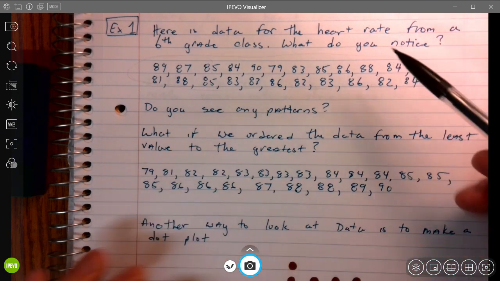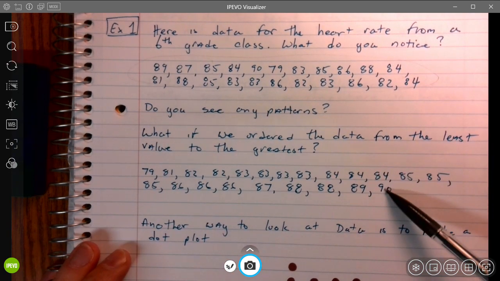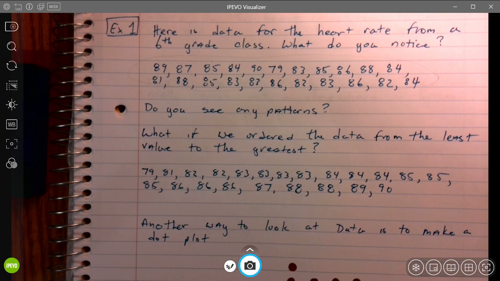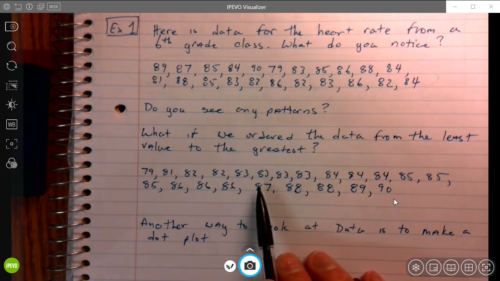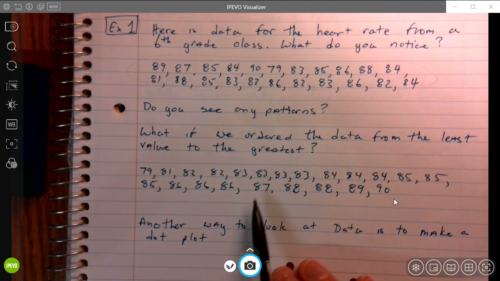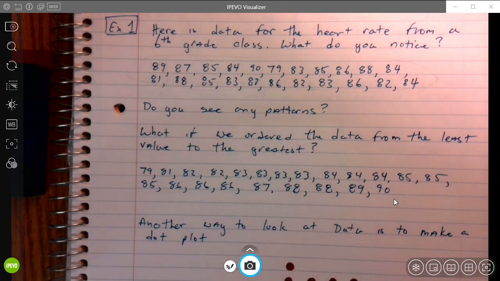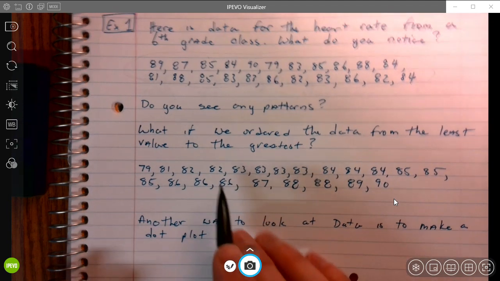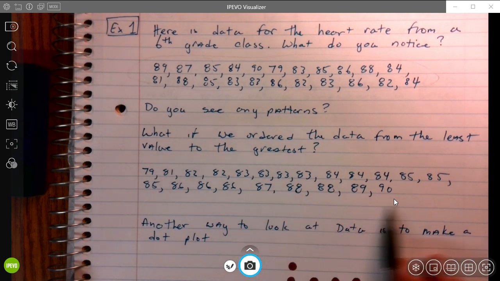All I did is I took this data from up here and I arranged it from least to greatest. So you may notice that 83 occurs more than any other number, and that 79 is the least number and 90 is the greatest.